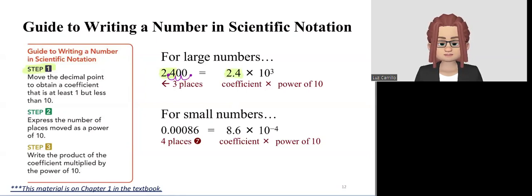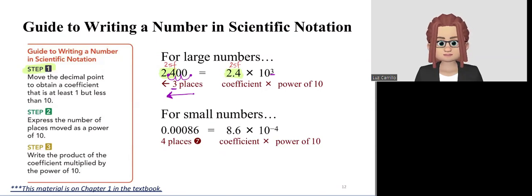Because overall, since this has 2 sig figs, the coefficient must have 2 sig figs. Then, since I moved the decimal place from right to left, my exponent for the power of 10 is going to be a positive value that is specifically illustrated by the places that I used in order to move that decimal place.